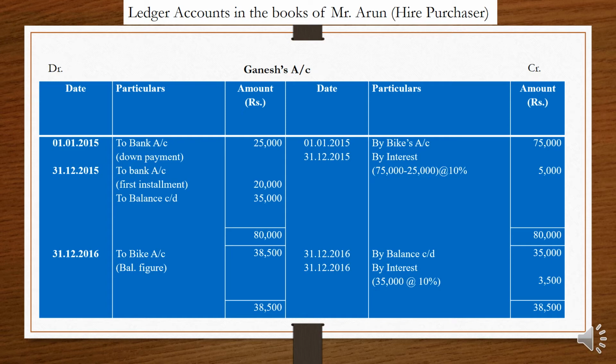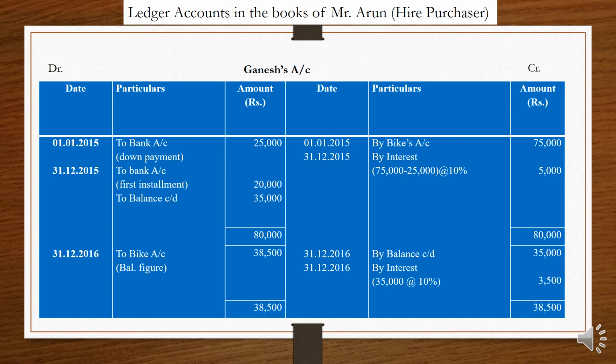Since the asset is being taken over by the hire seller, his account is to be closed. For that, the journal entry is Ganesh account debit to bikes account. So on 31/12/2016 we write on the debit side to bikes account with the balancing figure.